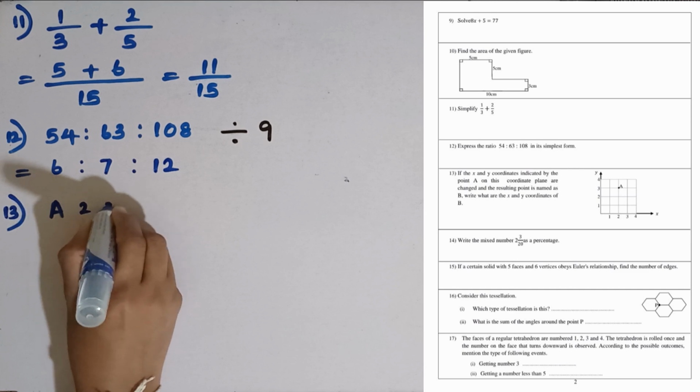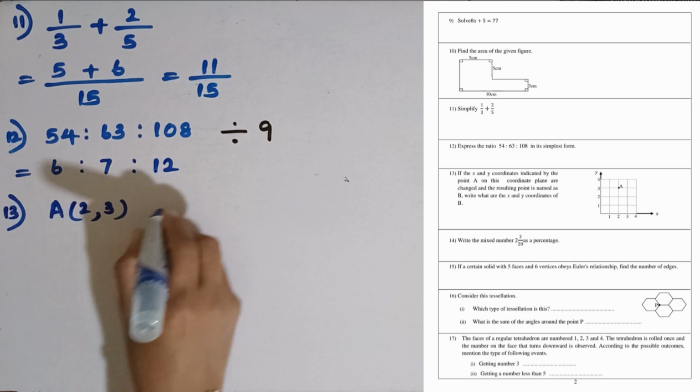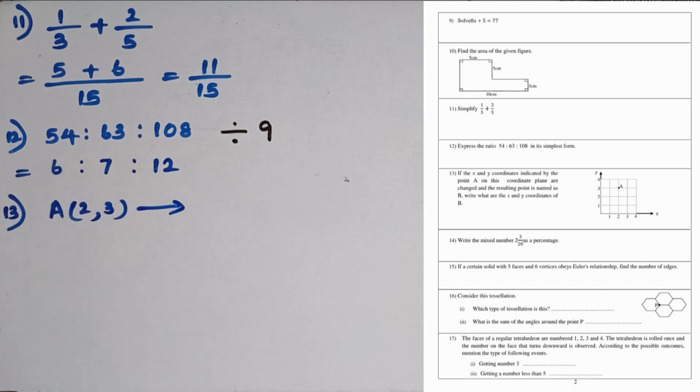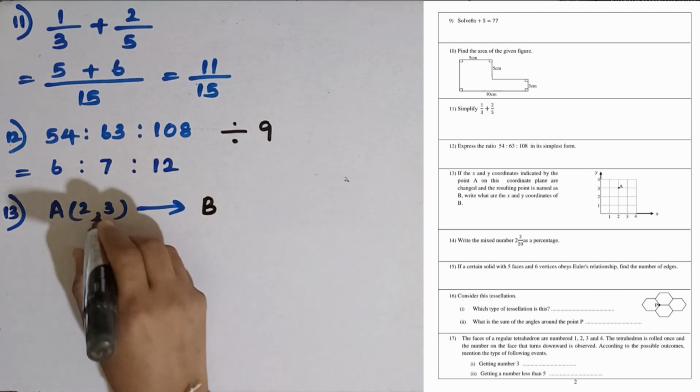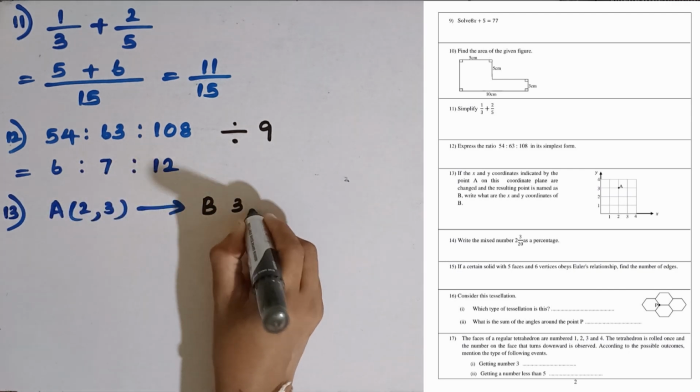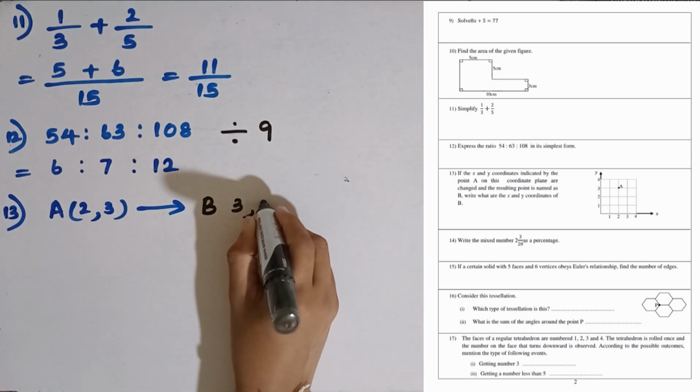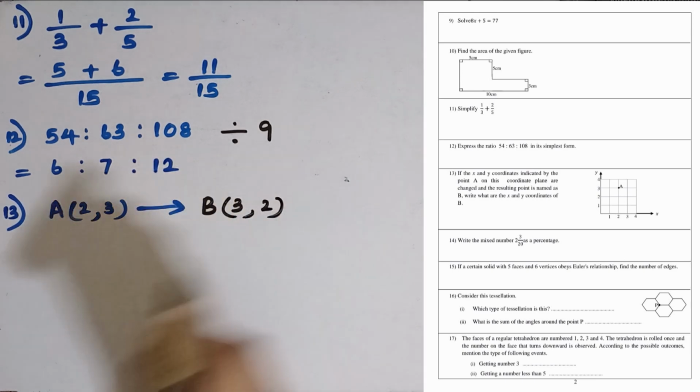The x coordinate is 2 and y coordinate 3. We have to interchange the coordinates to get the point B. So in B, x coordinate becomes 3 and y coordinate becomes 2. So this is the new coordinates.